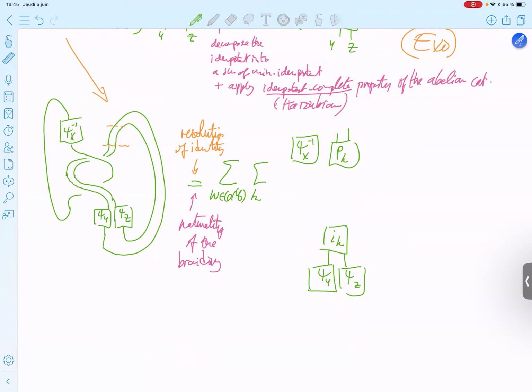And here the double braiding. And you have the trace and the trace.